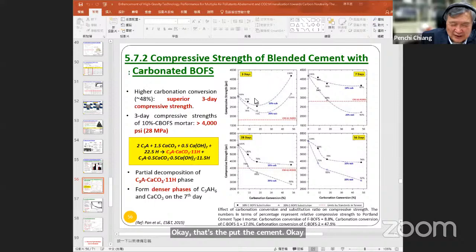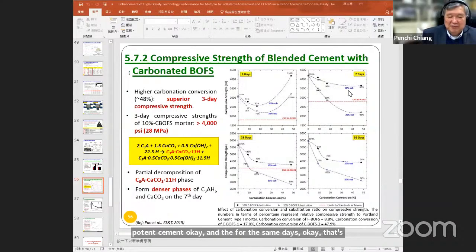As you can see, our carbonated slag has higher performance than the traditional cement. This is quite successful, and we have an interpretation using cement chemistry that can explain why the performance is at such a higher level than the traditional Portland cement.